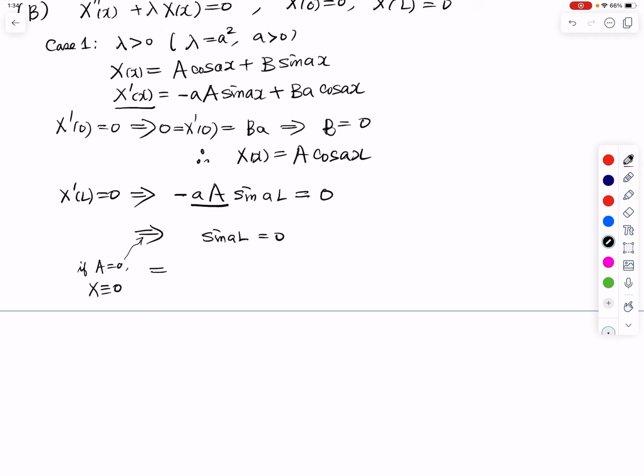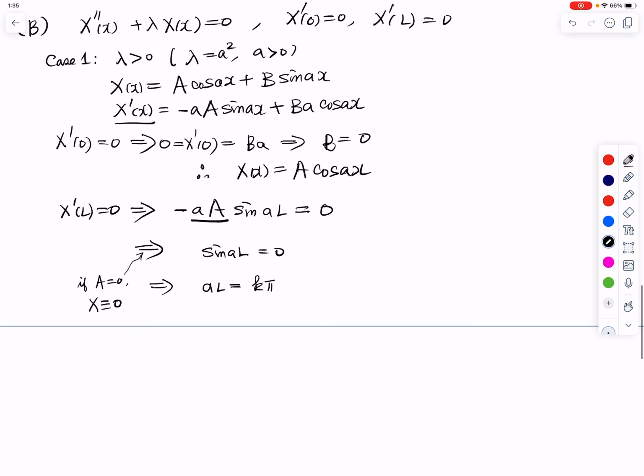That implies aL equals k pi. Again, a is positive, so k is an integer.